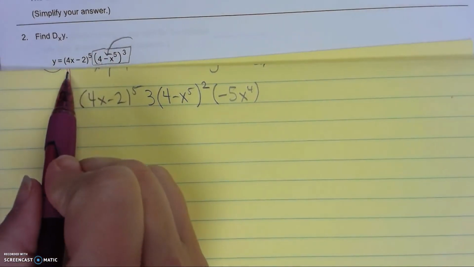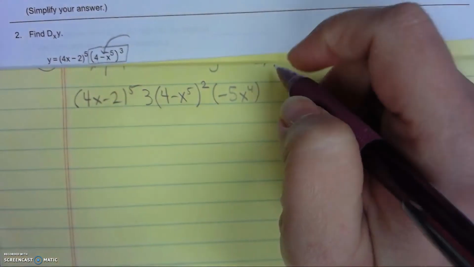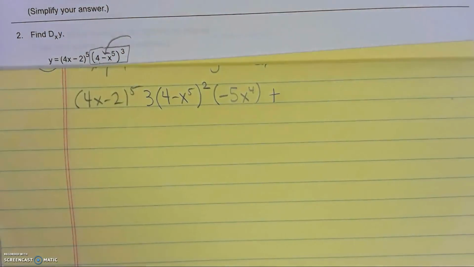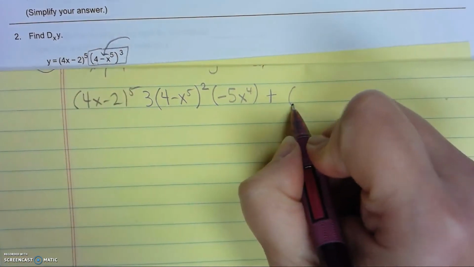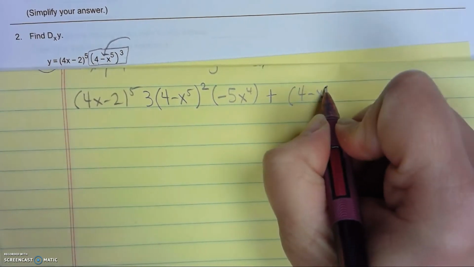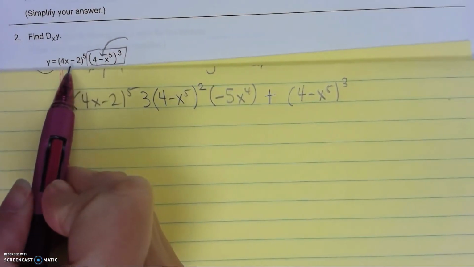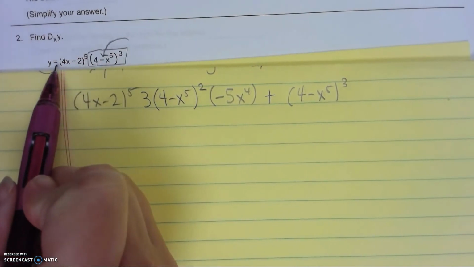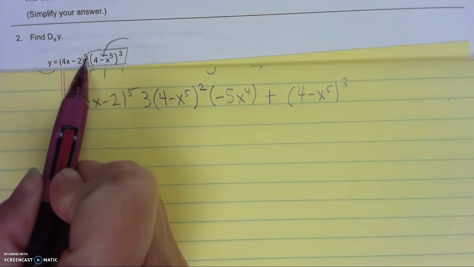Okay, so first times the derivative of the second, and then we add to that the second, which will be 4 minus x to the 5th cubed times the derivative of the first. Now this, once again, is not a single base raised to a power. This is a function raised to a power.